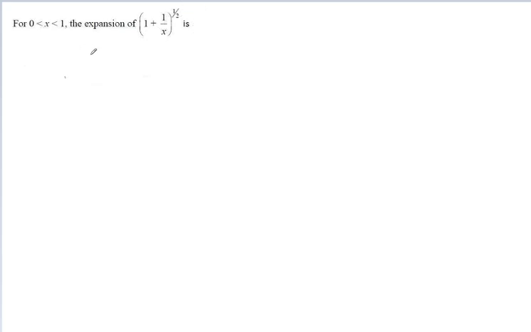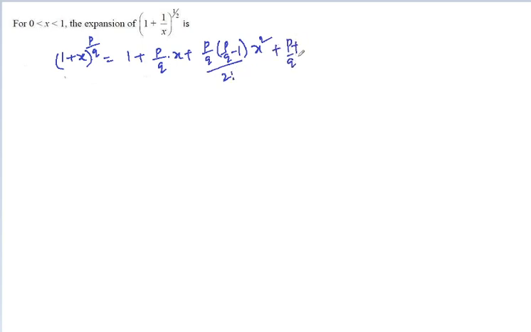So the given binomial is in the form of (1 plus x) whole to the power of p by q, is equal to 1 plus p by q into x plus p by q into (p by q minus 1) into x square by 2 factorial plus p by q into (p by q minus 1) into (p by q minus 2) by 3 factorial into x cube plus up to dash dash.